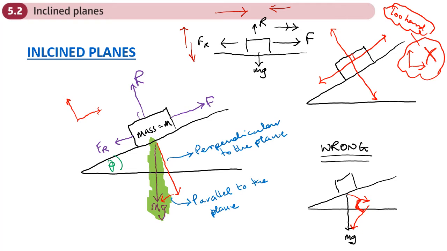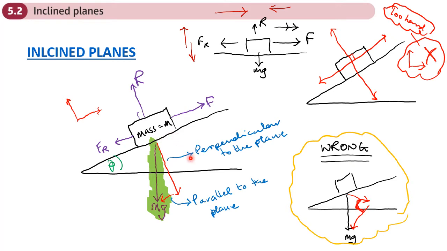Now neither one of those arrows is parallel or perpendicular to the plane, so you know that that's wrong. It must be like this. Watch out for that. And on these questions, you're given plenty of space on the paper. Draw your diagram nice and big so you can get all those forces on there.